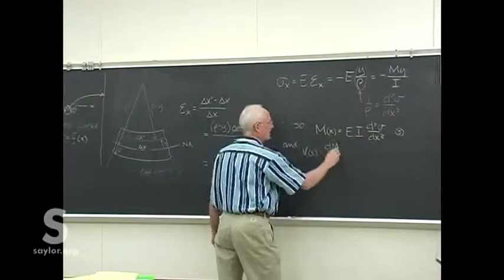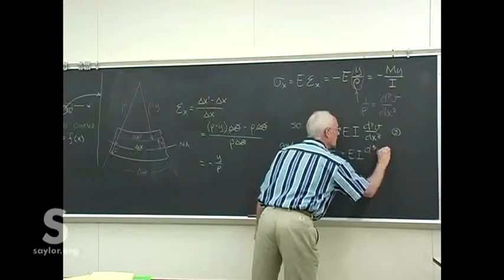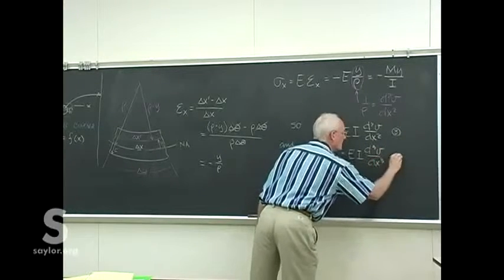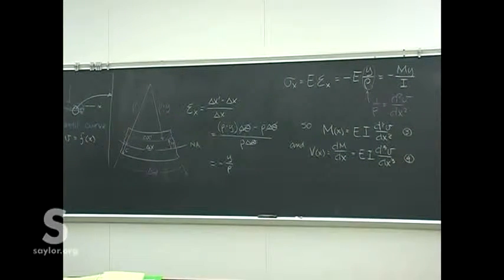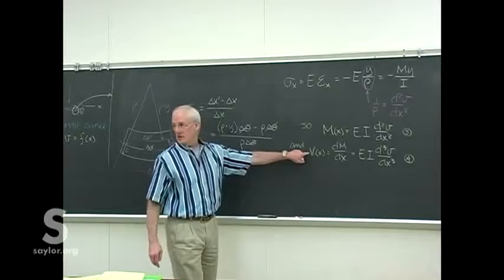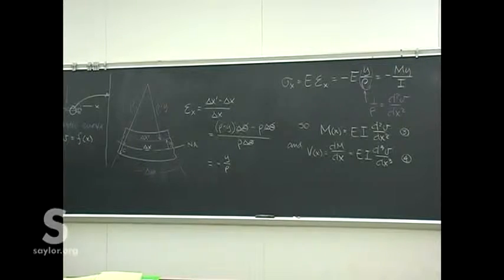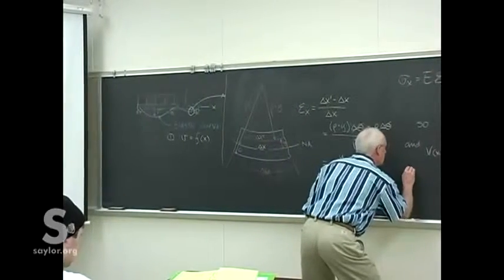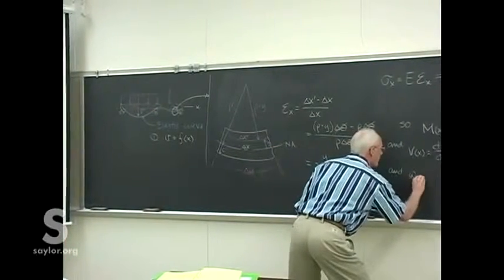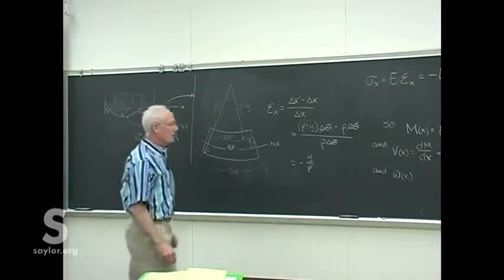But we know now that the moment itself is EI, so this becomes the third derivative of the elastic curve we seek. So we might have a problem where it's just a lot easier to find the shear as a function of x than the moment as a function of x. And so we start integrating from there, and we integrate back to our curve. And that's exactly what we're going to do today. And then the last little piece is that we can relate the shear to the load.